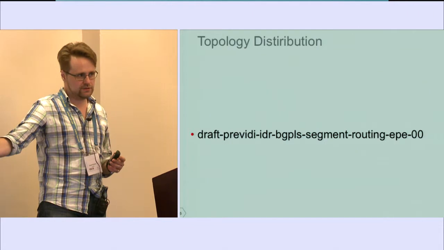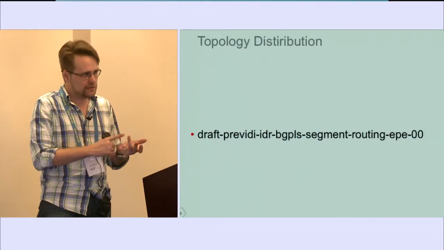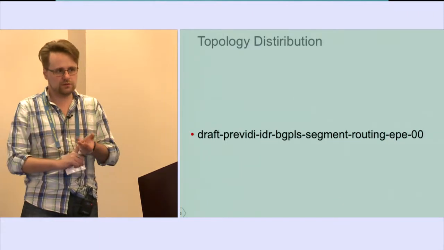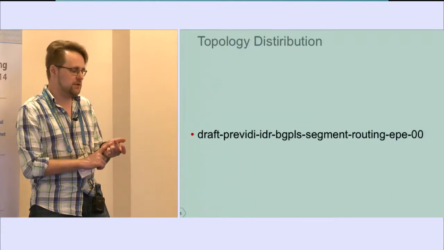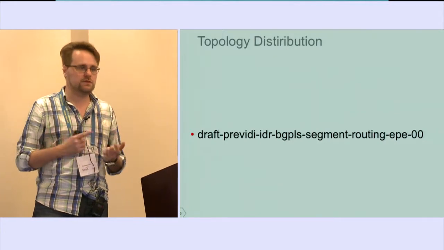So from the egress node, we will communicate this information: that we have those peers and those links, and they have this bandwidth and this SRLG or that. And we also communicate the recently allocated SIDs.